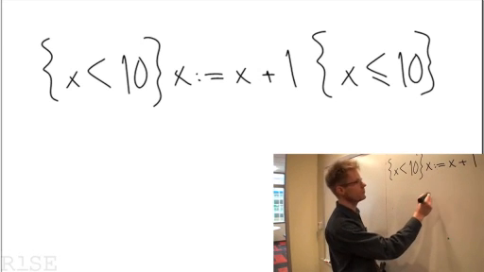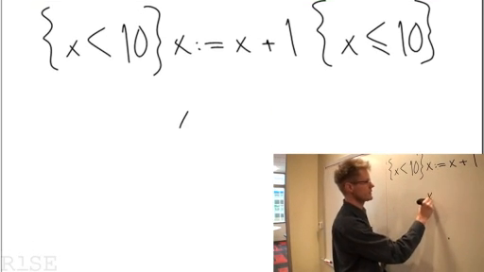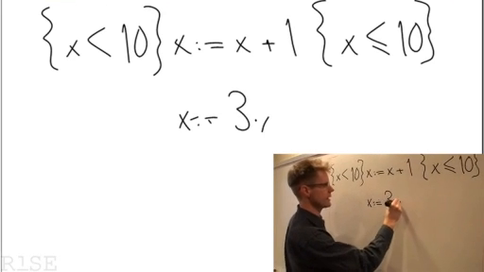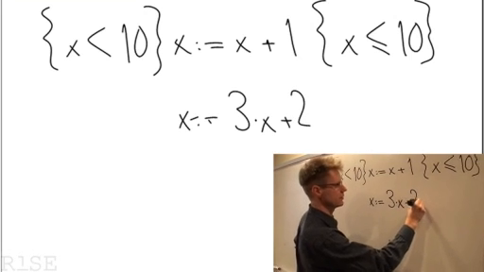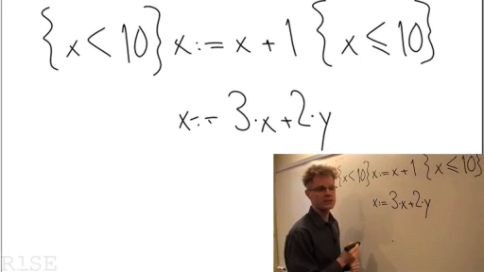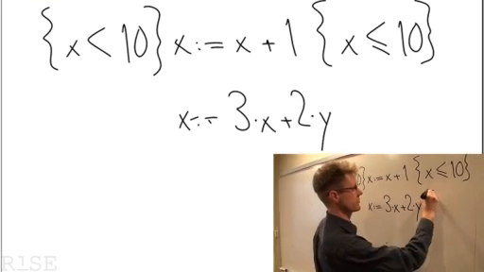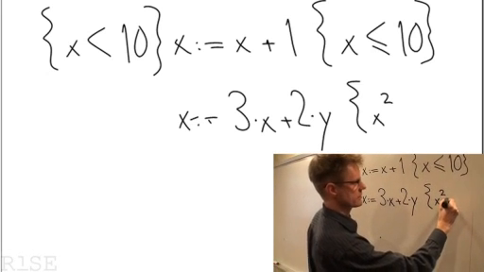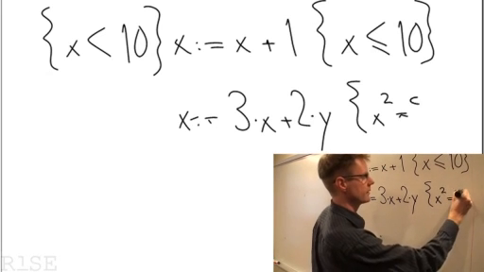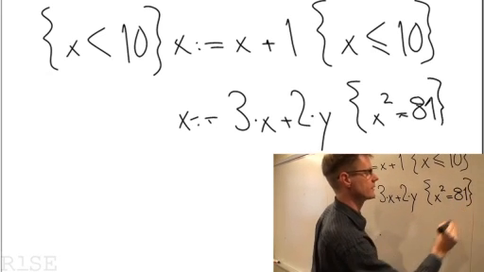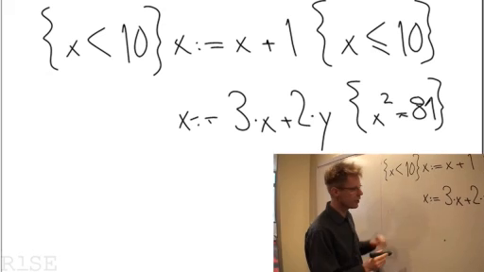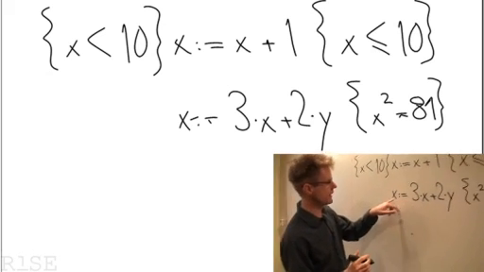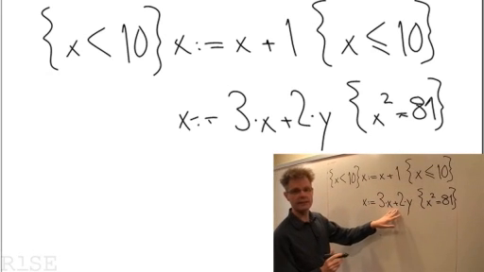Suppose that we have a more complicated assignment statement. Maybe something like X gets 3 times X plus 2 times Y. And suppose that we want this statement to satisfy something like X squared is equal to 81, perhaps. All right, what do we need in the initial state? Well, there's no thinking involved here. Just replace the variable X with the right-hand side of the assignment.